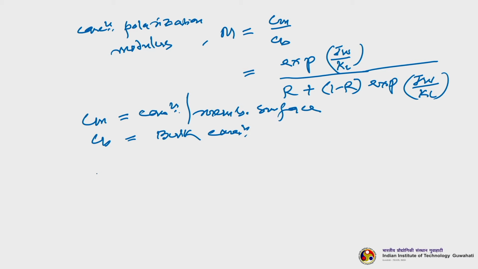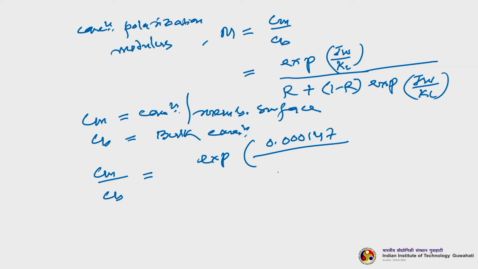So, now we can calculate Cm by Cb equals exponential to the power of, substituting all the values, 0.000147 divided by 0.000036, okay.